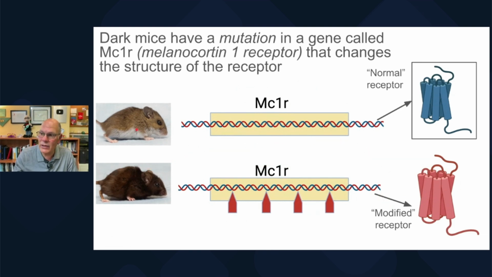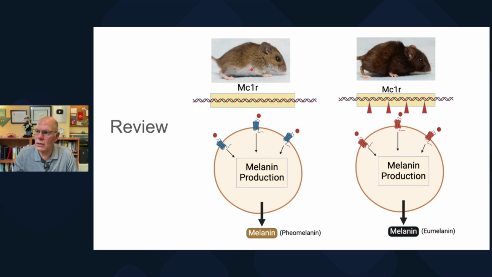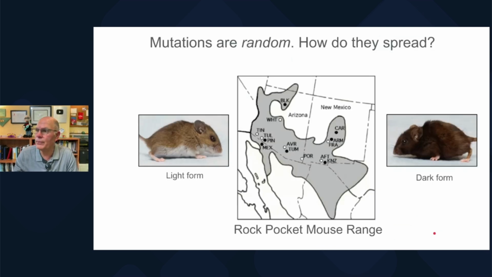Light-colored mouse, dark-colored mouse. Mice that are lighter colored, adapted to live on a light-colored substrate, have DNA that produces light-colored melanin. It's actually called pheomelanin, whereas if you're a dark-colored mouse, you have several changes in your DNA that leads melanin production to be slightly different, and that leads to the production of eumelanin, a darker variant of melanin.